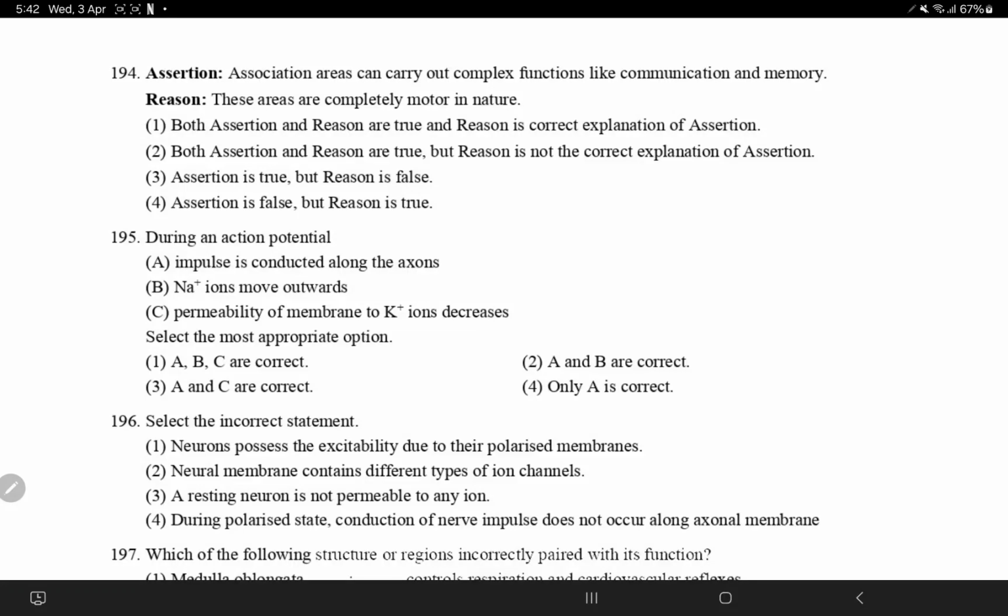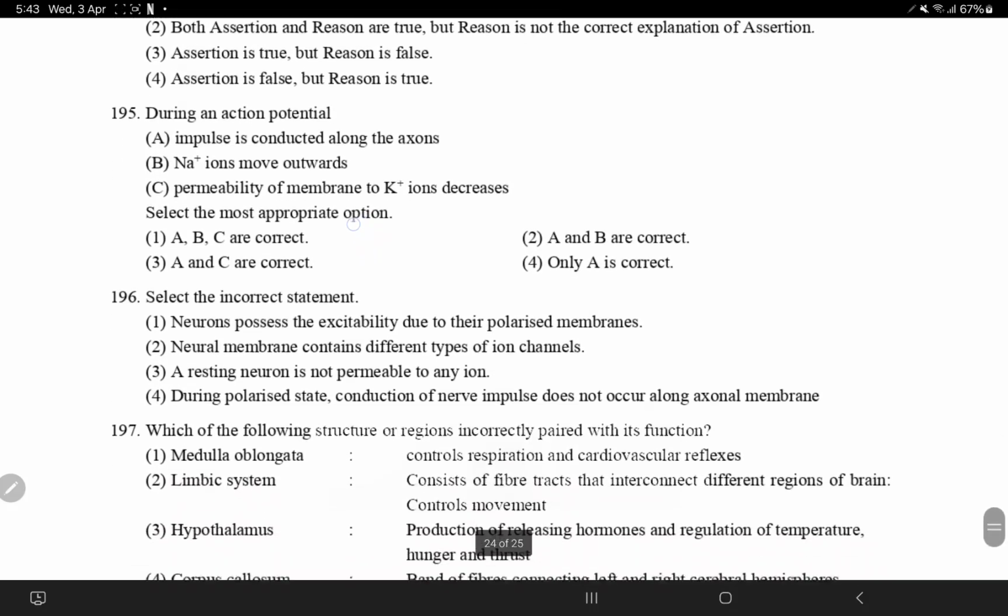During action potential, impulse is conducted along the axons, right? Sodium moves outward. No. Permeability of potassium ions decreases. Only A is correct. A and C are correct. B is wrong. A and C are correct.